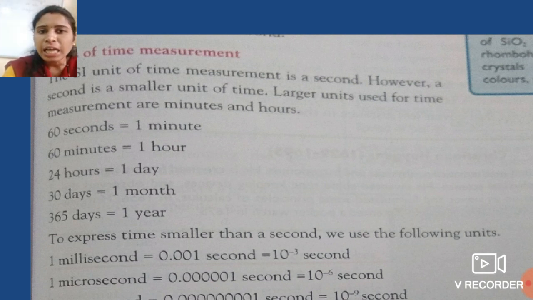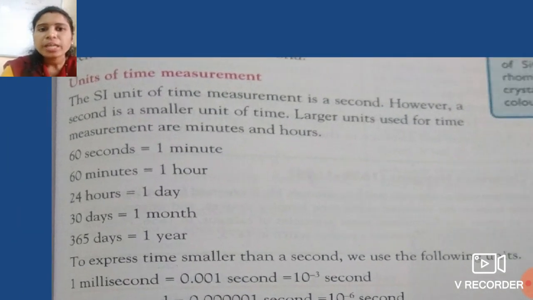Students, again I repeat, here we are going to learn about the unit of time measurement. As we have seen in the previous session, the SI unit of time is second, but second is a very small unit of time. Time also has other larger units, minutes and hours.